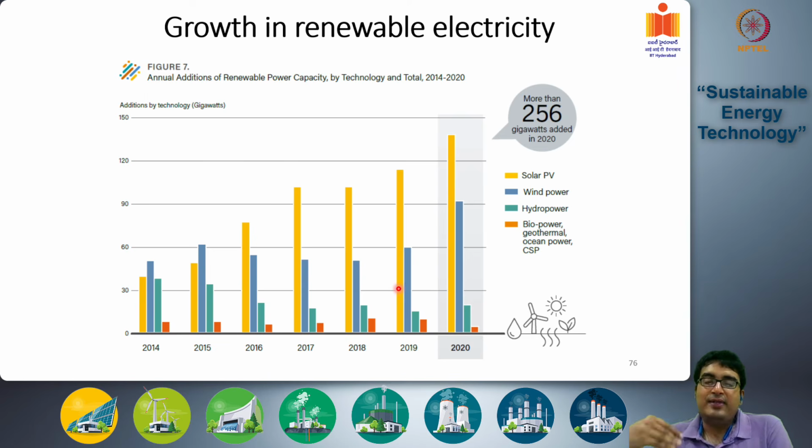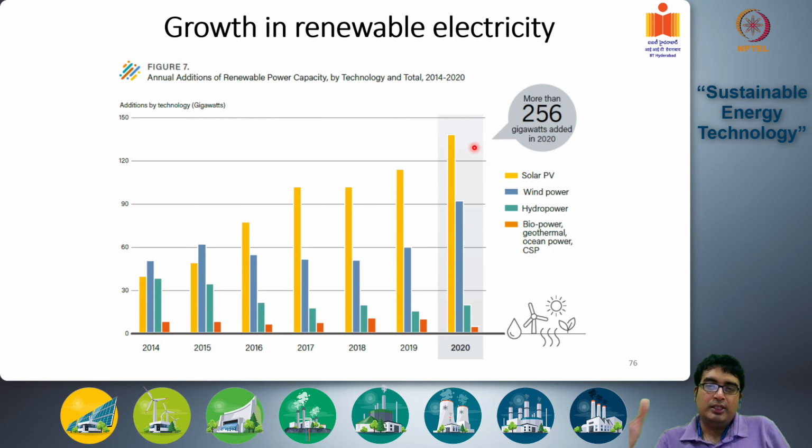And this is the annual addition of renewable power generation capacity worldwide between 2014 and 2020, distributed into solar, the yellow line, wind, the blue line, hydro, the green line, and biomass based power generation systems, CSP and everything else is the red line. And this is the annual capacity addition in gigawatts. And you can see the rapid growth in solar capacity addition till 2020.